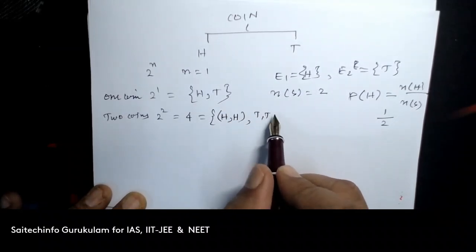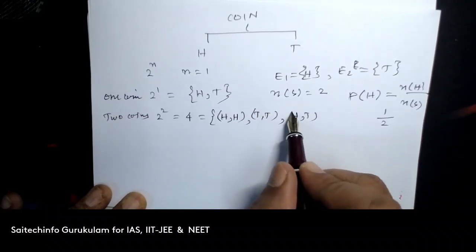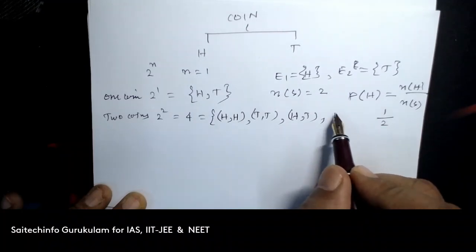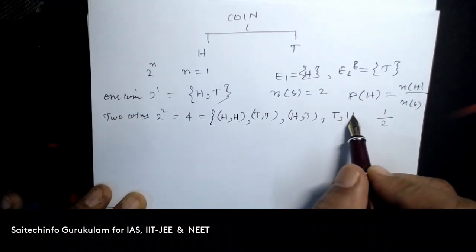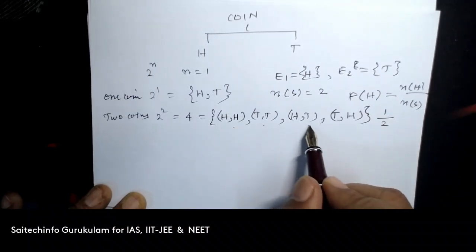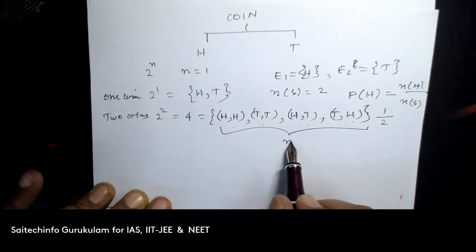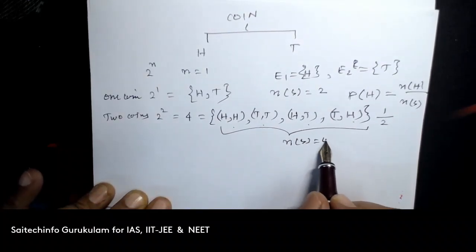Tail tail, this is another. Head tail, or the first coin will be tail and the second coin will be head, like that. So there are 4 chances. The number of sample space elements S is 4.